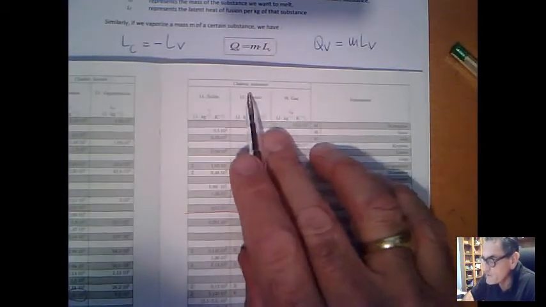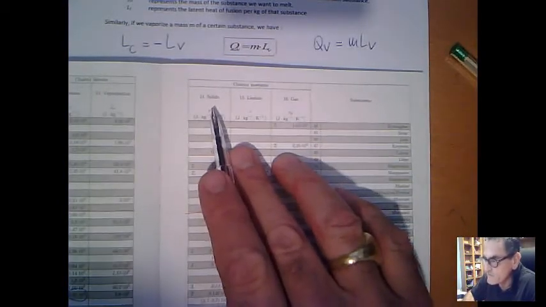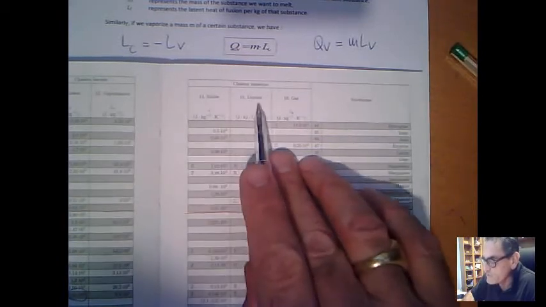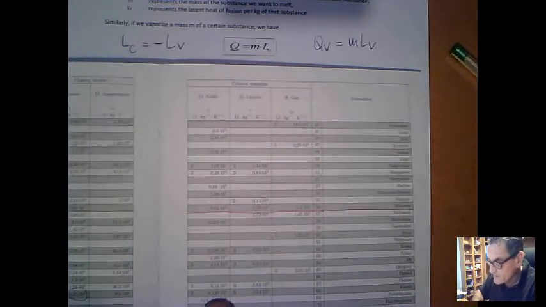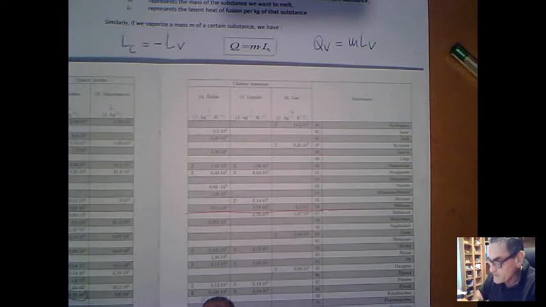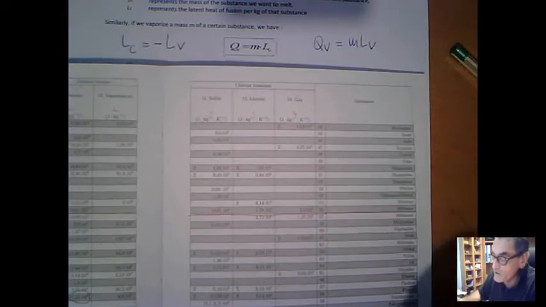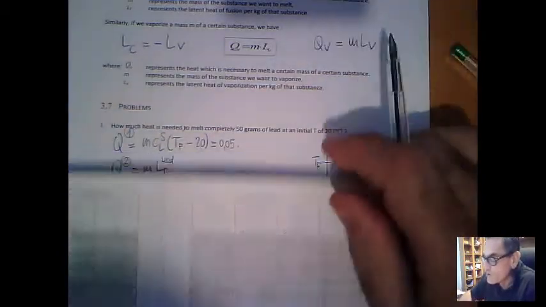So specific heat in French is chaleur massique, and you see that you have different values for the solid, for the liquid, and sometimes you have the value for the gas. In the case of lead, you have it here. It's 0.129 times 10 to the power 3, so it's 129 or 130.